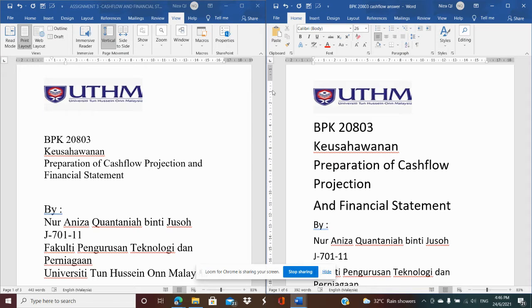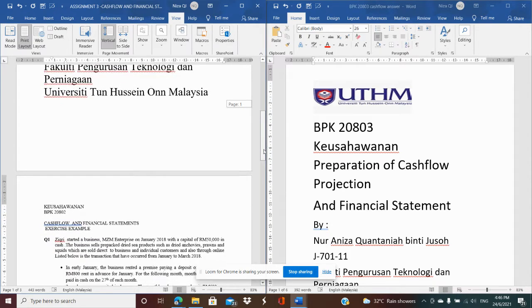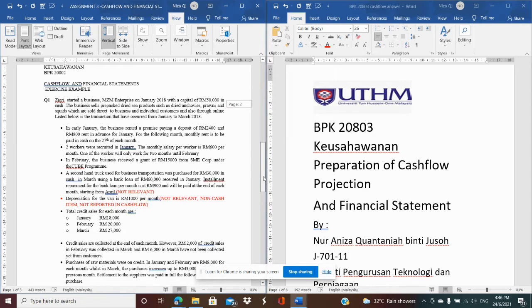In the preparation of the income statement, we are actually going to use another approach in accounting that is called accrual accounting. When we talk about accrual accounting, it means that you're going to look at when the revenue is recognized and when the expenses are incurred.